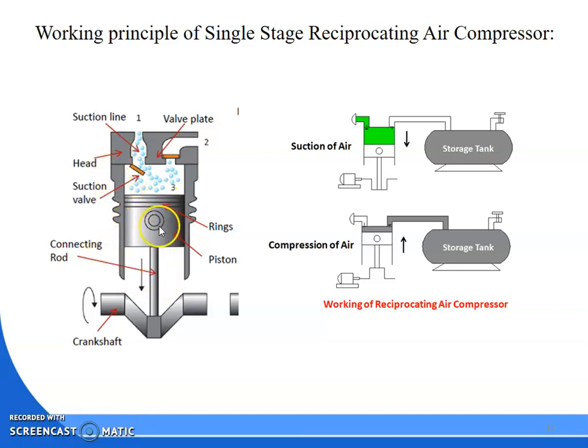Then this is your connecting rod and piston. This is your crankshaft. See the diagram here. The crankshaft will be connected with the motor. So to run the compressor, first we have to run the motor. And when the motor shaft runs, it will be connected with the crankshaft directly, or by chain, rope or pulley.